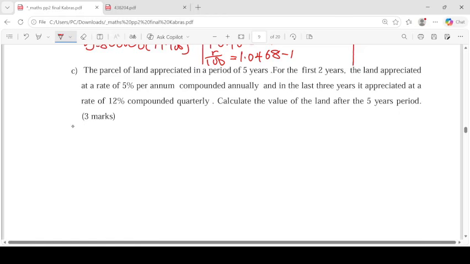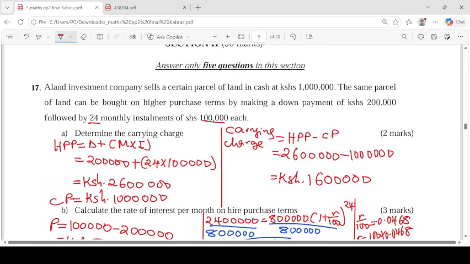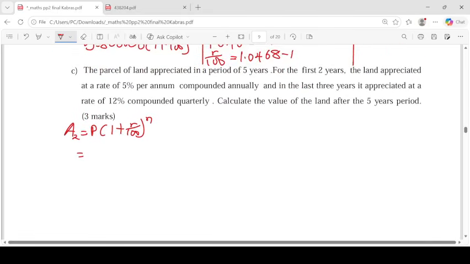We know that the amount after 2 years will be given by principal into 1 plus R over 100 to the power n. The land on cash price was being sold at 1 million, so this will be 1 million into 1 plus the rate.